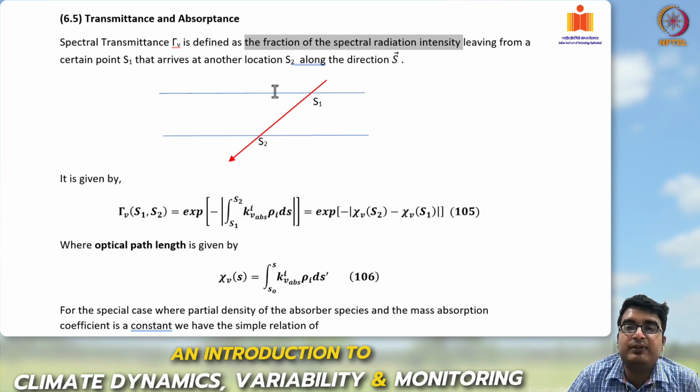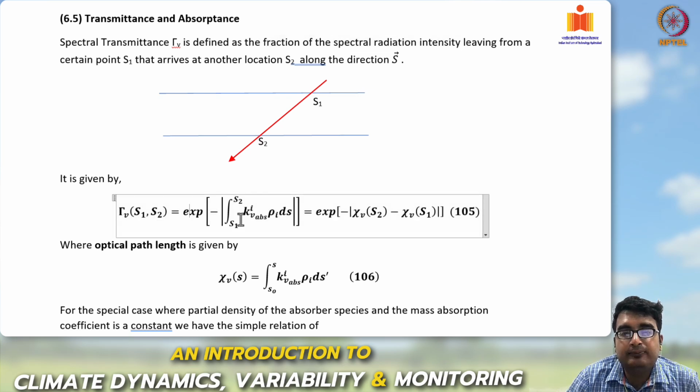If this material is not emitting anything in this wavelength, then the transmittance from S1 to S2 is the exponential of minus the integral of the optical path length along S, the integral from S1 to S2 of the mass absorption coefficient times rho I into ds.